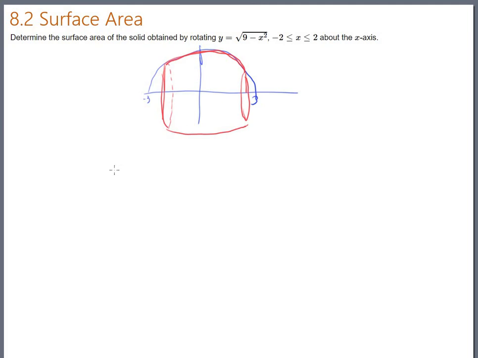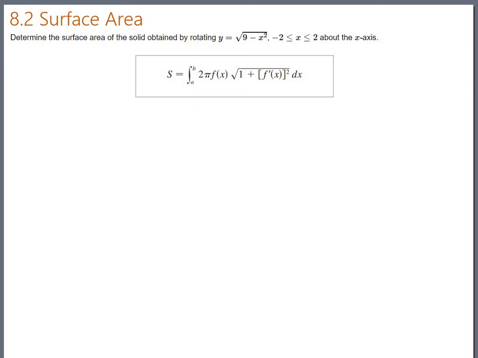Okay, so let's go ahead and set up the formula. In case you don't remember, we need 2 pi radius times arc length.